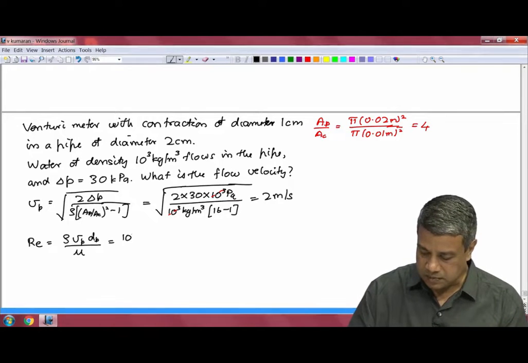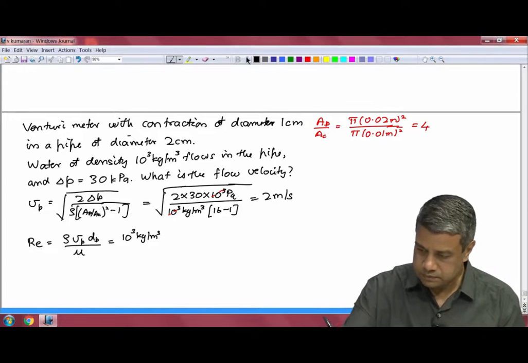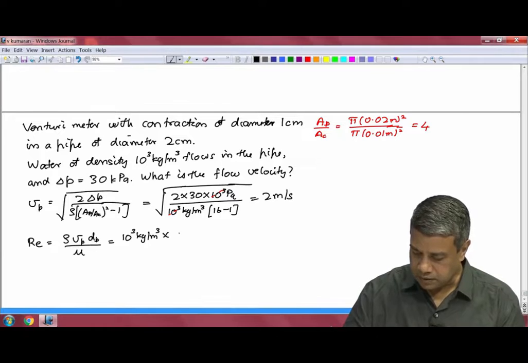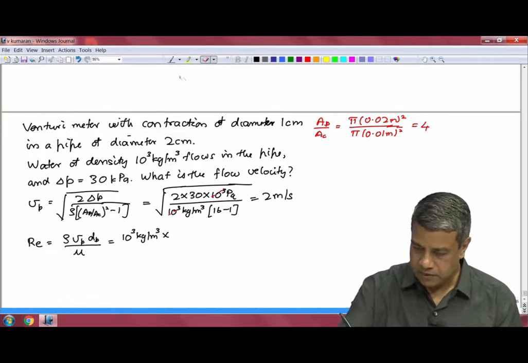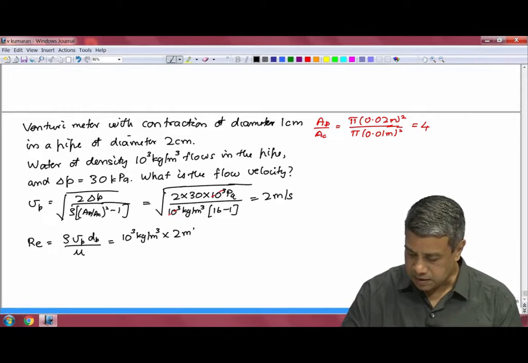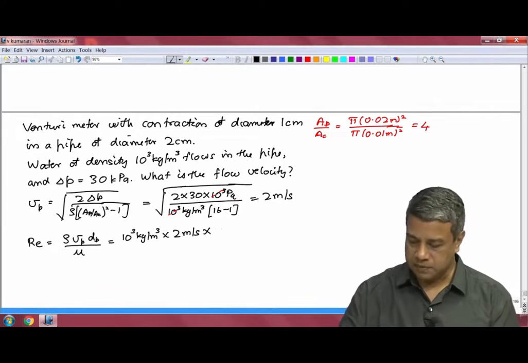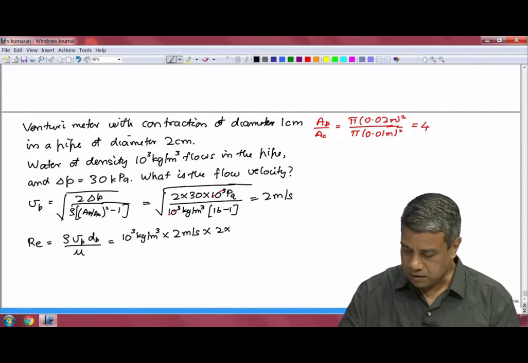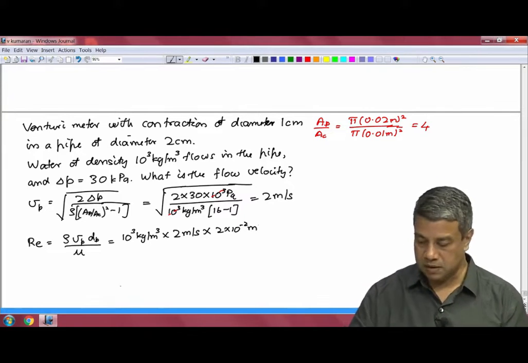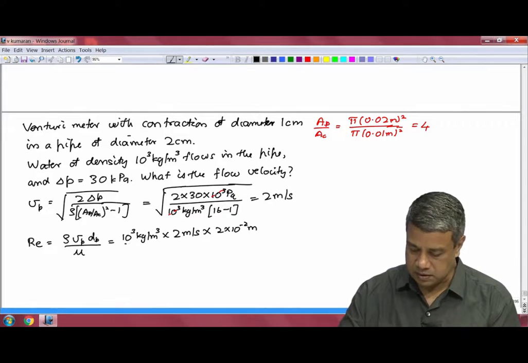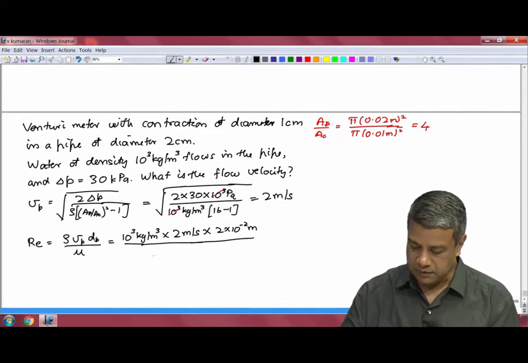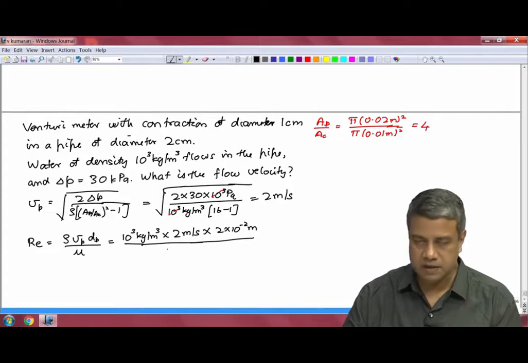Density of water is about 10 power 3 kg per meter cubed, into the velocity, which is 2 meters per second, into the diameter of the pipe, which is 2 into 10 power minus 2 meters, 2 centimeters, divided by the viscosity.